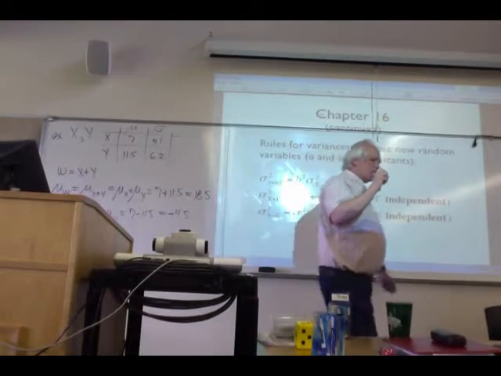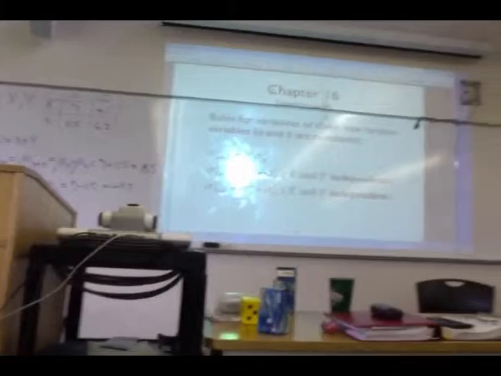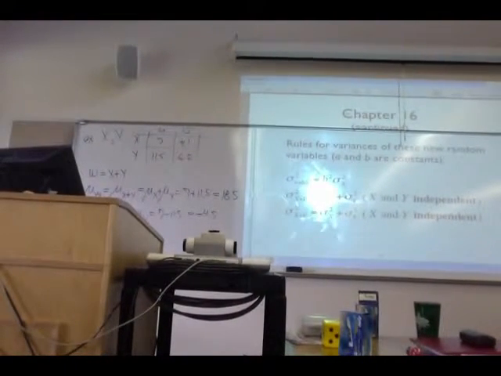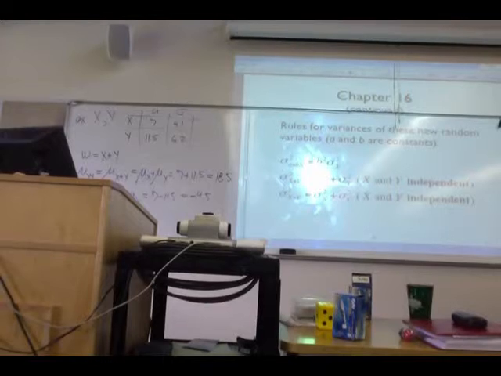Anytime you see the letter sigma, sigma is the symbol we use for the standard deviation of a random variable. The relationship between the standard deviation of a random variable and the variance is straightforward. You take the square root of the variance to get the standard deviation. So if I represent a variance by sigma squared, I represent the standard deviation just by sigma.